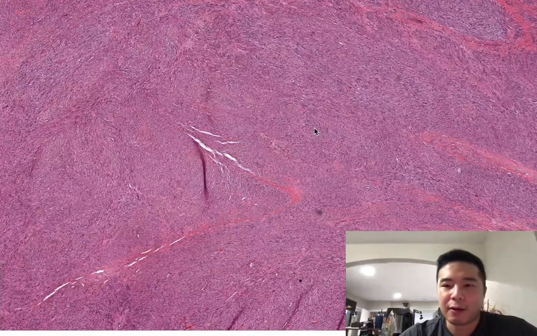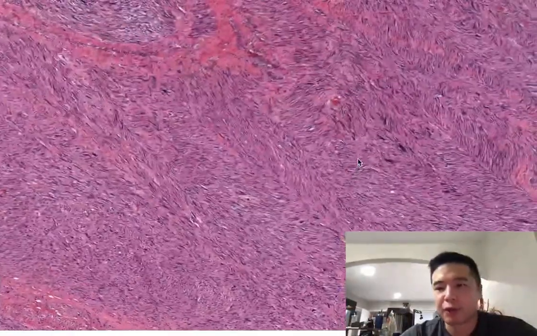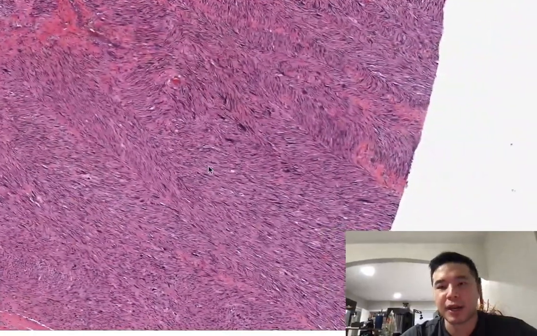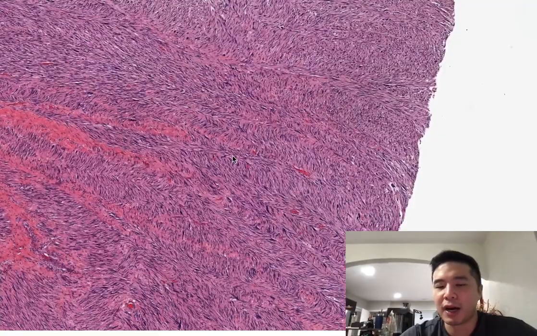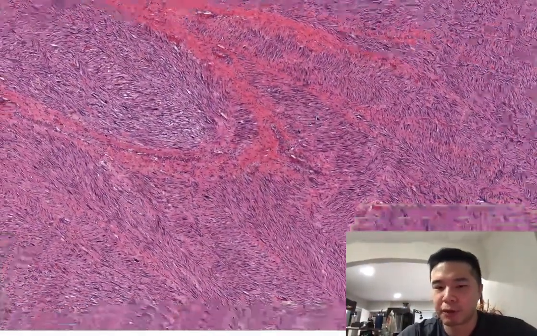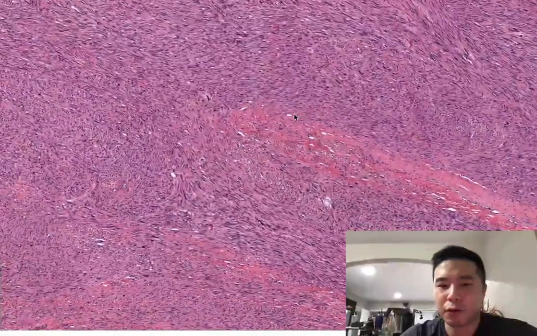leiomyosarcoma, and leiomyosarcomas in general have poor prognoses. They're not driven by one particular genetic alteration or translocation, and that helps explain why it looks so atypical and not monomorphic. Tumors with just one translocation tend to be uniform and bland.